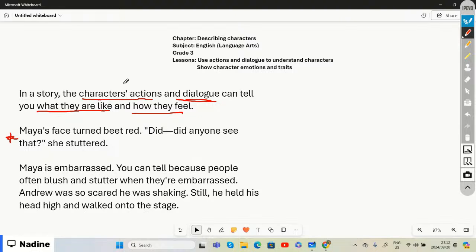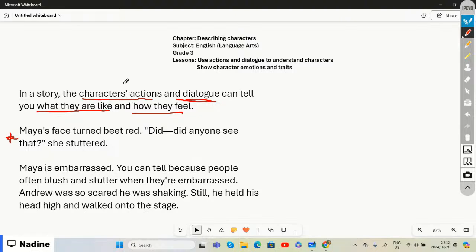If somebody's face usually turns red, it can either mean that the person is extremely angry, or it can mean that the person is embarrassed, red with embarrassment, or sometimes red with anger. It really depends on how the person feels or what the person had said.